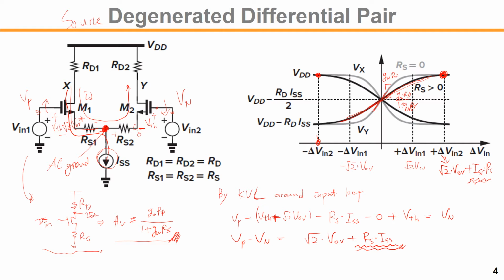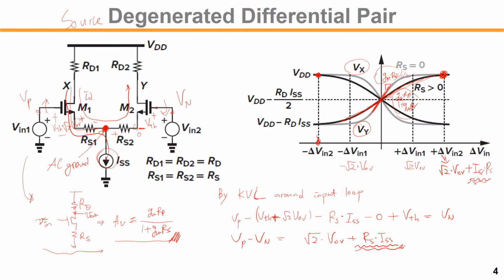So this curve is a Vx and Vy graph. This curve is only single-sided, so the actual gain would be half of that one, half of this guy, right? If you take both x and y, then the gain would be GM times RD.